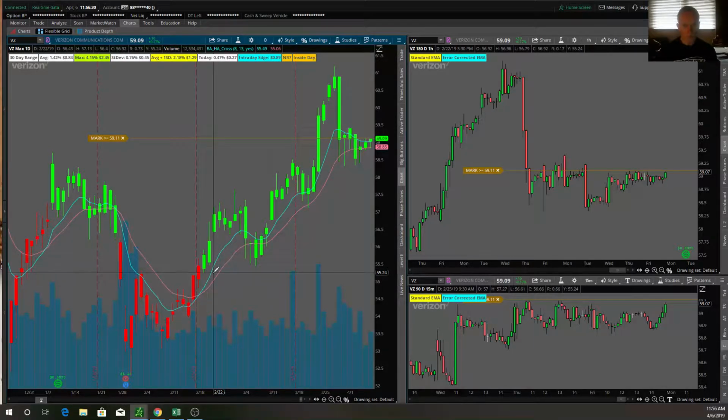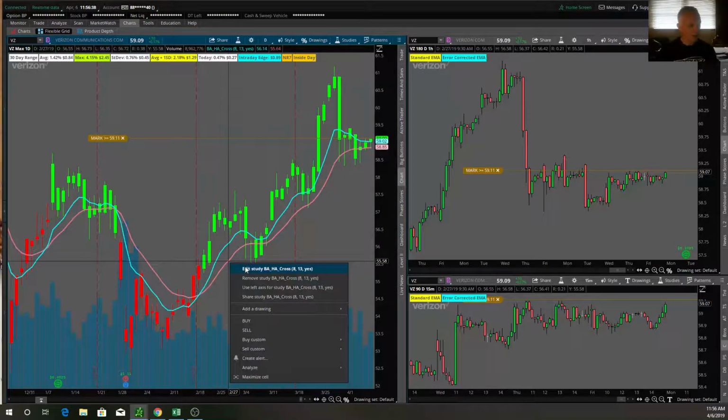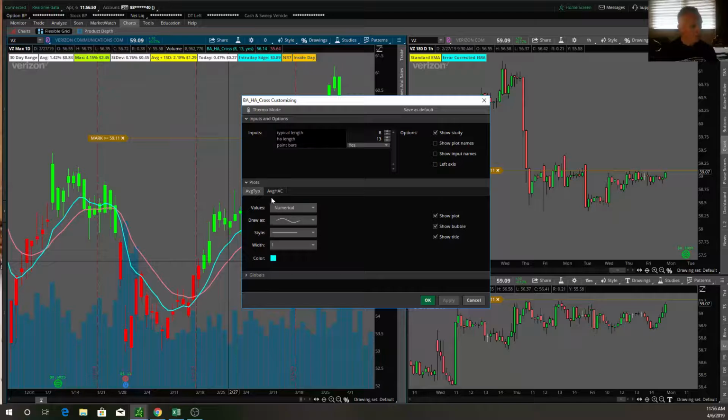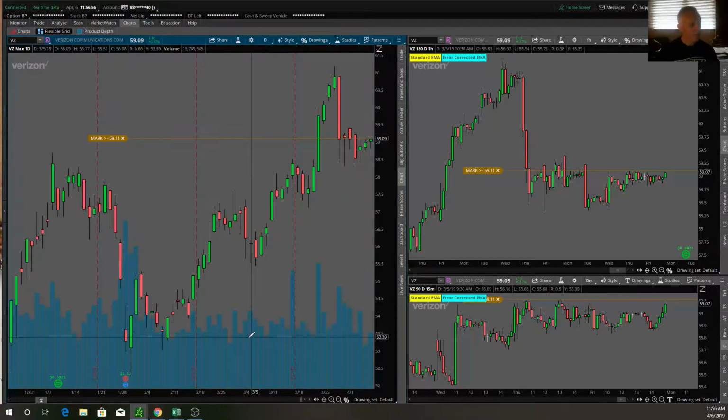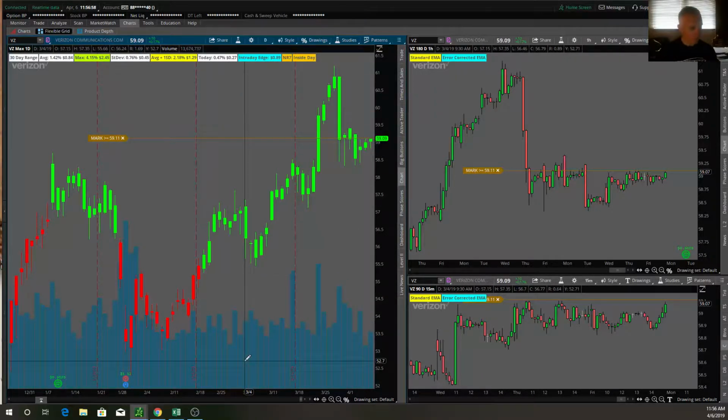These are not normal moving averages, but if you don't want to see them on there, I don't like to see them on there. I want to declutter my chart as much as possible. But if it helps you put context around the moves, hey, leave them on there. I'm going to take them off. Just show plot, deselect, show plot, deselect, come back down. So now you just have the paint bars.